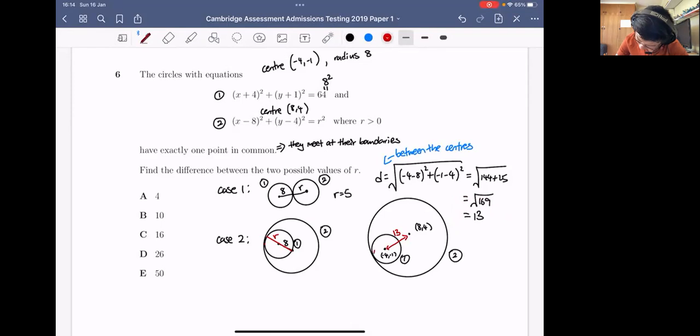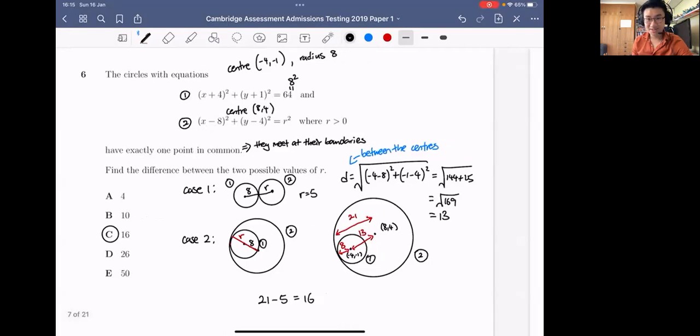So here to here, let's say it's 8. So then the total radius here is 21. Great. So then the two possible values of R are 21 and 5, and then it wants the difference. So then the answer is C. Hopefully that's right. I'm not very good at circles.